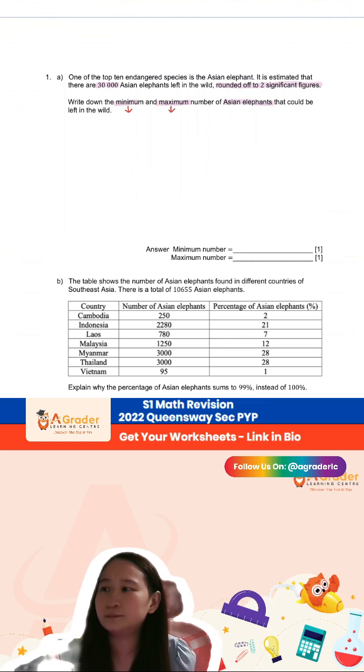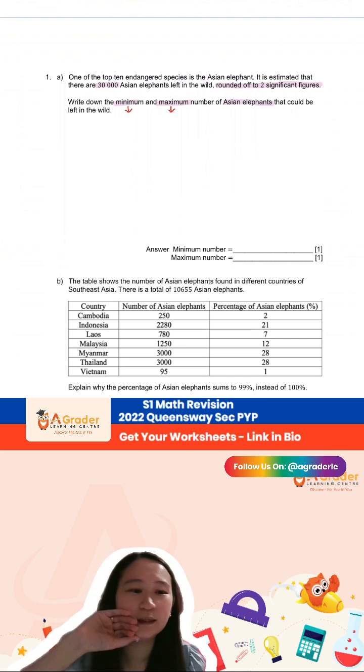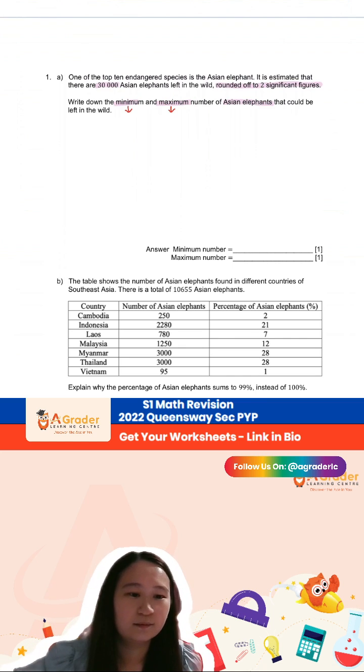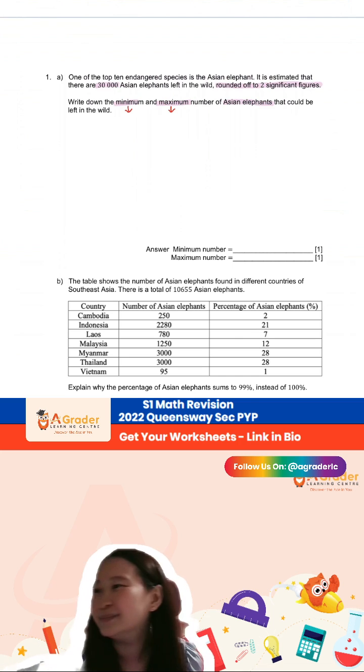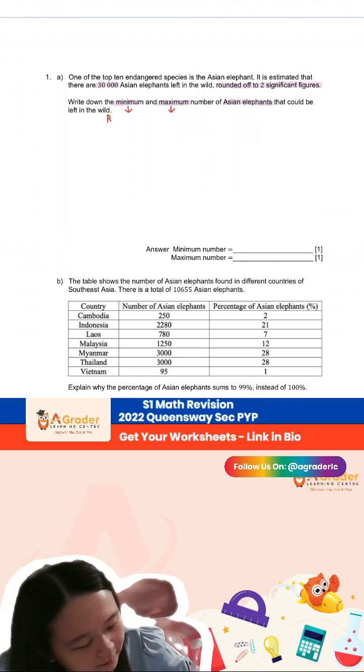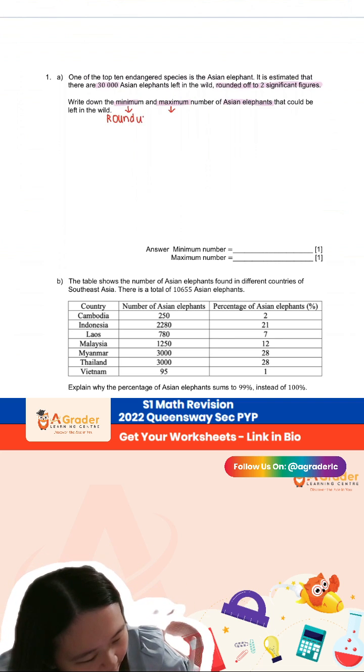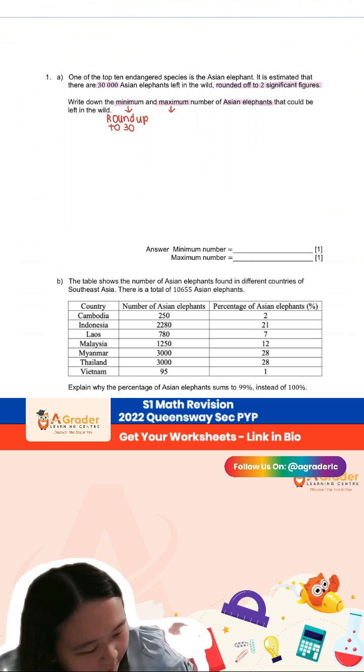To find the minimum number, the minimum number is usually rounded up to 30,000.